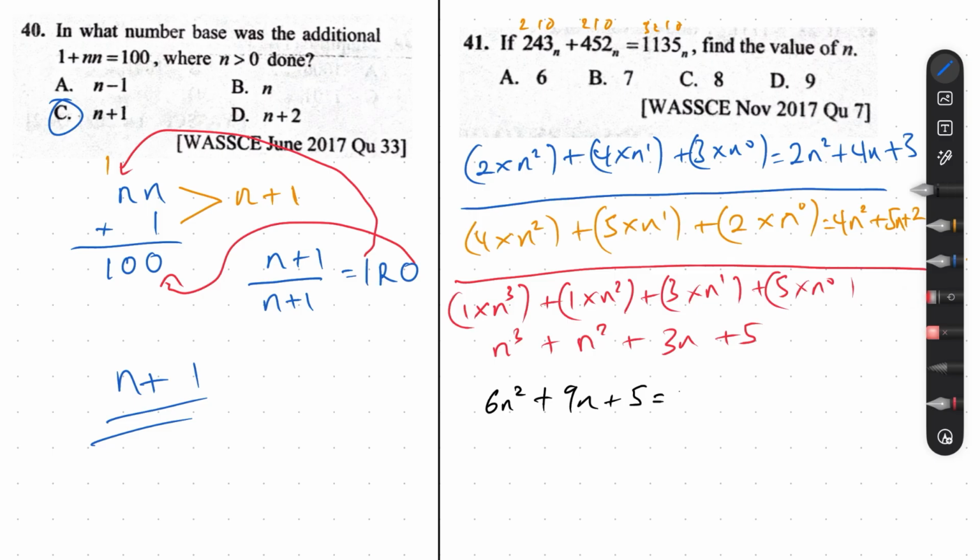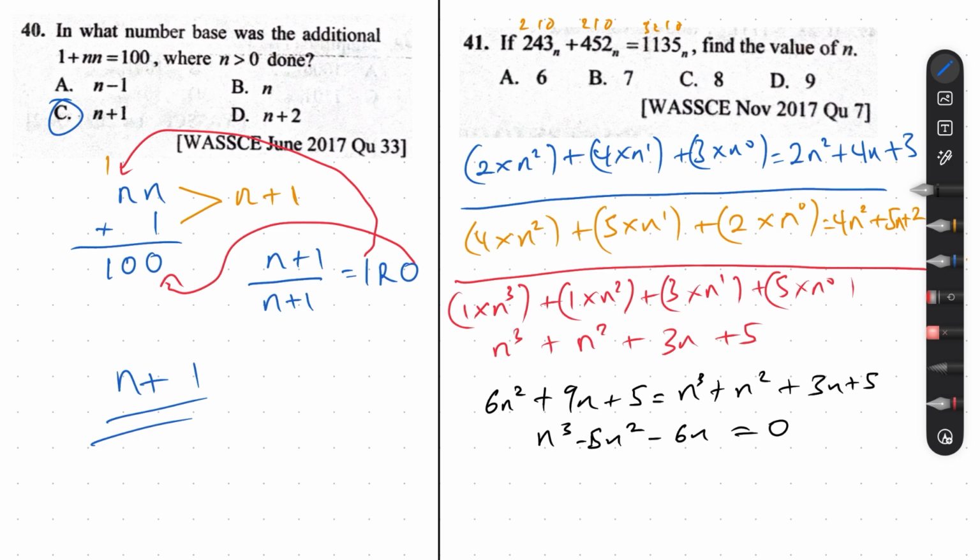To be equal to this one, n cubed plus n squared plus 3n plus 5. When we simplify this, we find that you get n cubed minus 5n squared minus 6n equals 0.